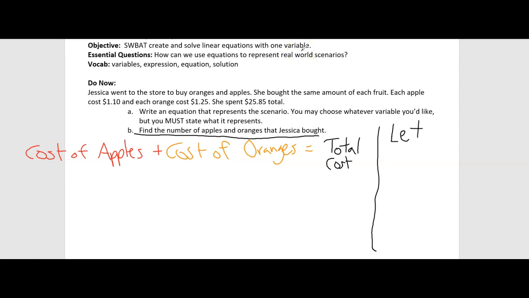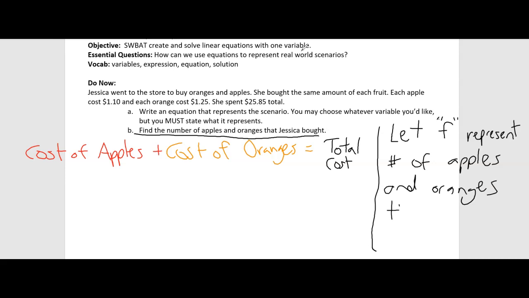So let F represent the number of apples and oranges that Jessica buys. And I don't mean apples and oranges combined. I mean F will represent the number of apples, and it will also represent the number of oranges.